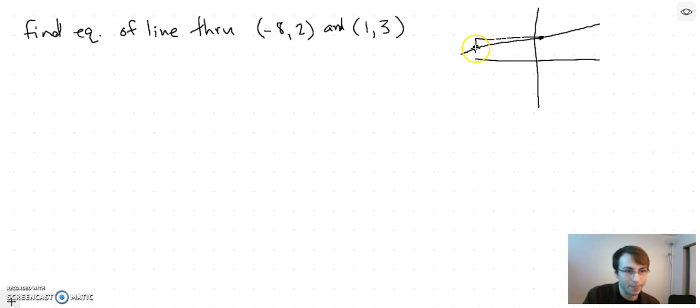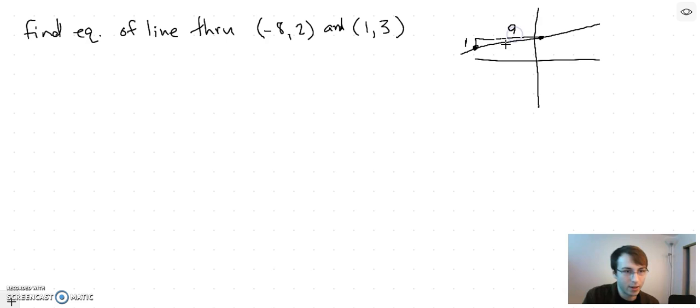Well, the y-coordinate here is 3, this one's 2, so there's a difference of 1. And then how much over? This one is at -8, this one is at 1, and the distance from -8 to 1: -8 to 0 is 8, and then 0 to 1 is 1, so altogether 9.